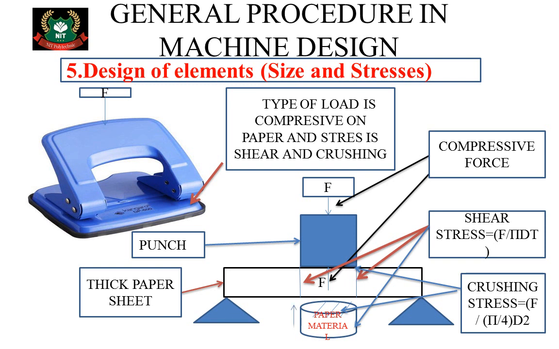That's why area is pi d t, where d is the diameter of the punch and t is the thickness of the thick paper sheet. So in this way, by finding out the shear stress and crushing stress, we are finding out the size of the punch.